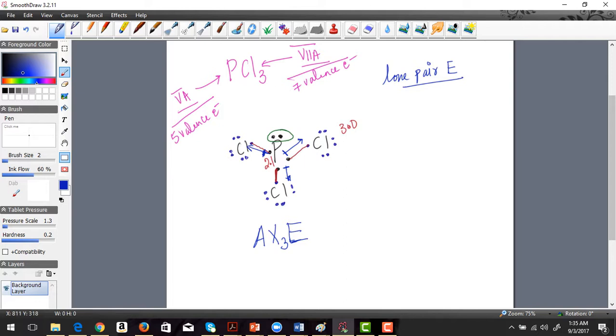Now if you draw this molecule, just visually looking at it, because of this lone pair, it's called trigonal pyramidal. It's not planar. What people think is because it has three atoms to the outside, it's going to make a triangle. It would have made a triangle if it was not for the lone pair.